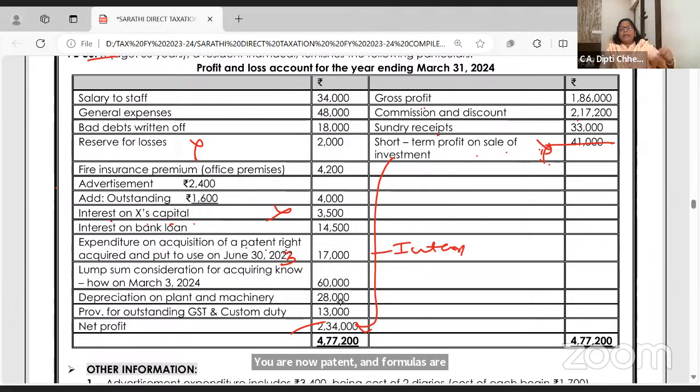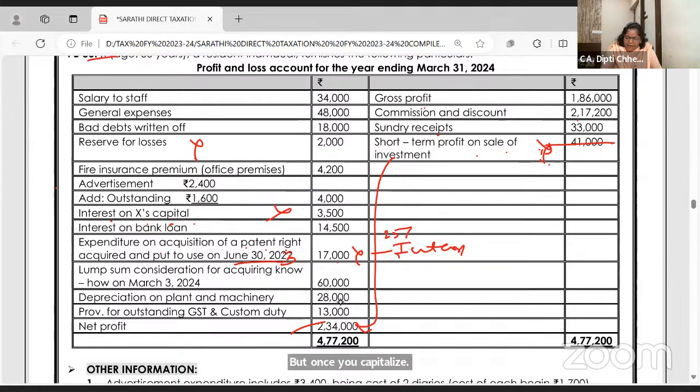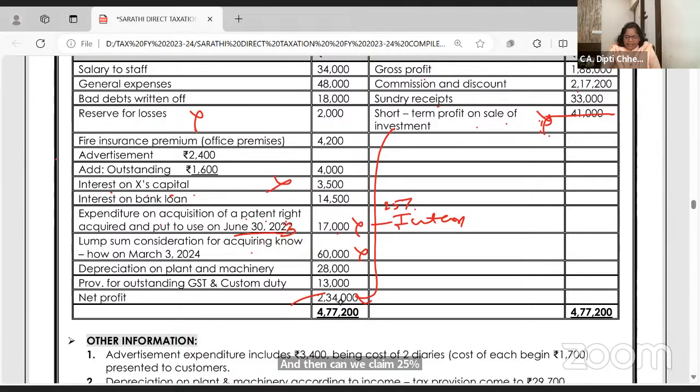So can you debit capital expenditure or personal expenditure in the business P&L? No. So remove this. But once you capitalize, can you claim 25% depreciation on the intangible asset? Yes. Technical know-how, remove it. Why? Because it's a capital expenditure. And then can we claim 25% depreciation on the technical know-how? Right?